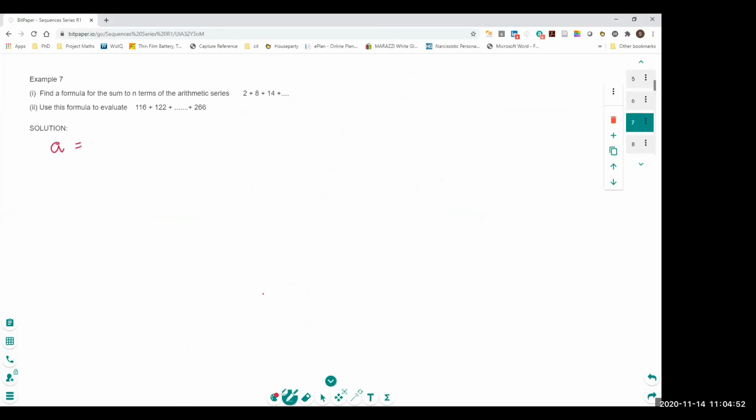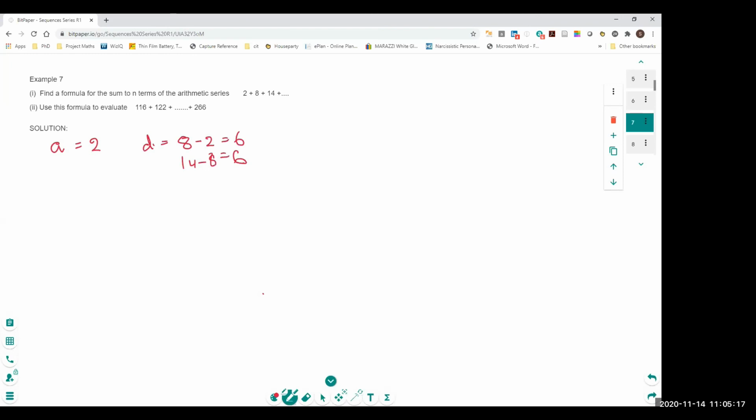A is equal to 2. What's the common difference? D is equal to 8 minus 2, which is 6, or 14 minus 8 is equal to 6. So there's your common difference.